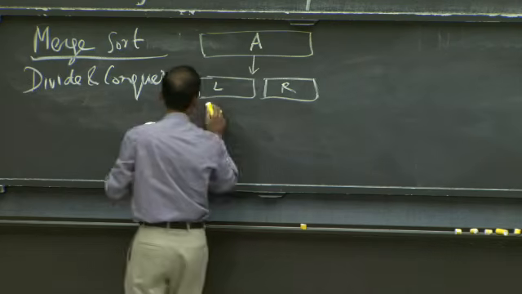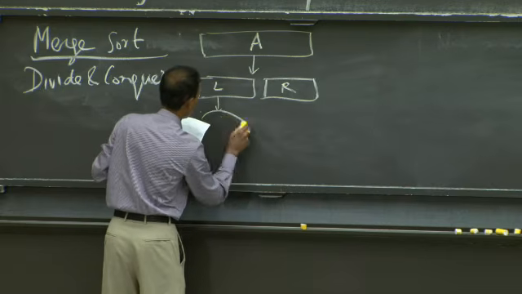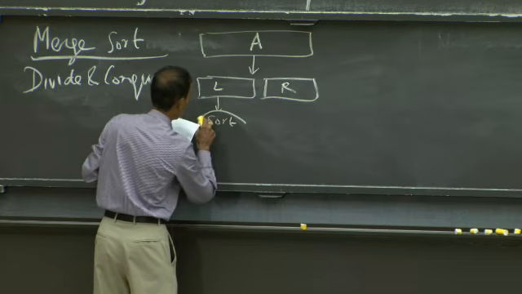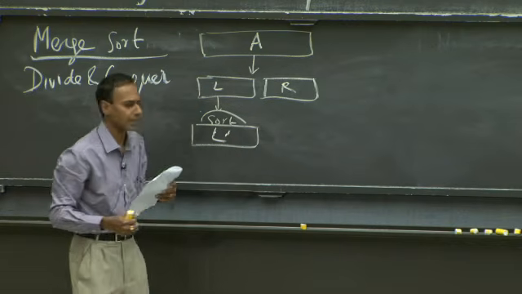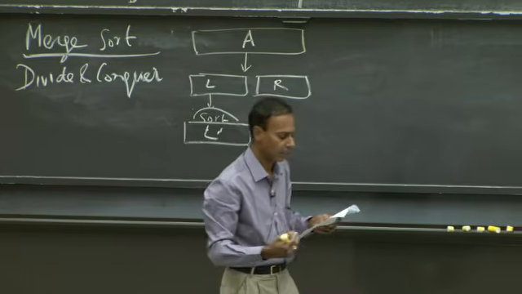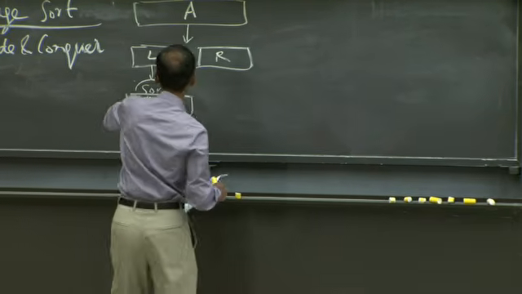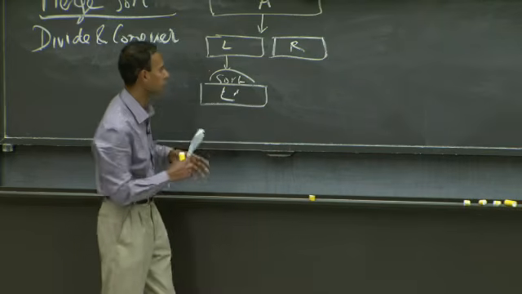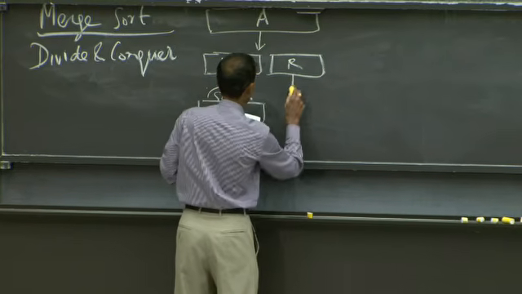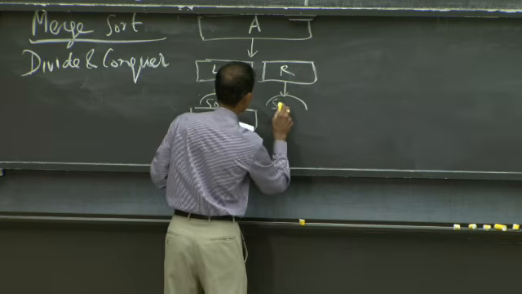So while I'm saying L turns into L prime out here, there's no real explicit code that you can see that turns L into L prime. It happens really later. There's no real sorting code here. It happens in the merge routine. And you'll see that quite clearly when we run through an example.